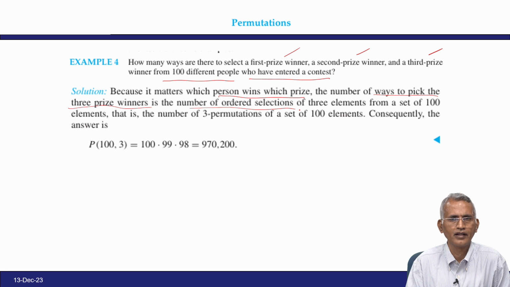Therefore, the answer is 100P3, which is 100 into 99 into 98, which equals 970,200. So, this way we can do it for selecting winners from 100 different people.